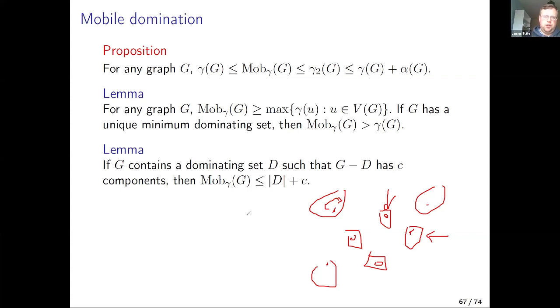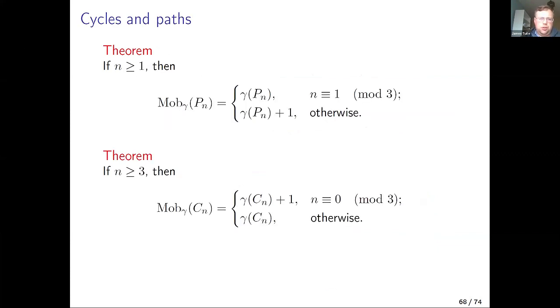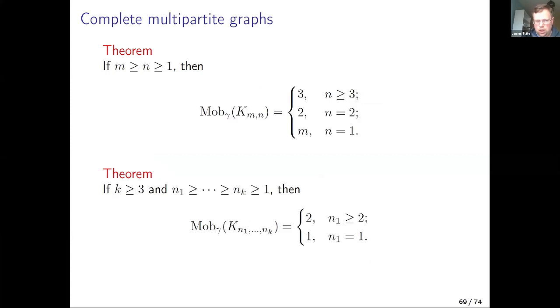So they'll be bounded above by the size of that dominating set plus the number of components it splits that graph into when you delete it. In that way, it's perhaps difficult to have a graph with a large mobile domination number, but that's just a little trick. Using that, you can deduce these values for cycles and paths. So you can see that normally the two values coincide, and sometimes you need to add 1. And here for complete multipartite graphs as well.